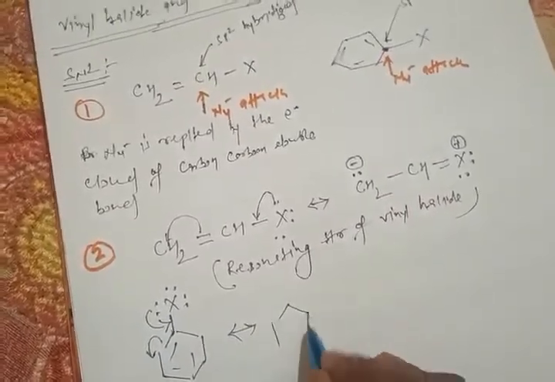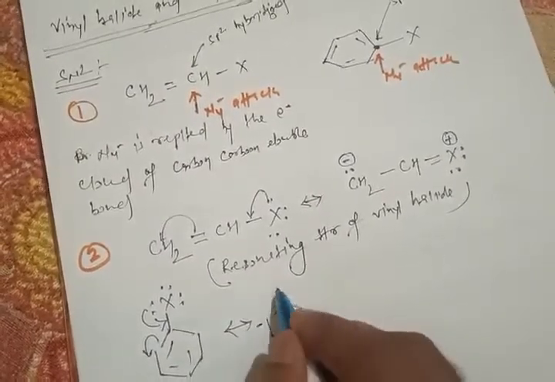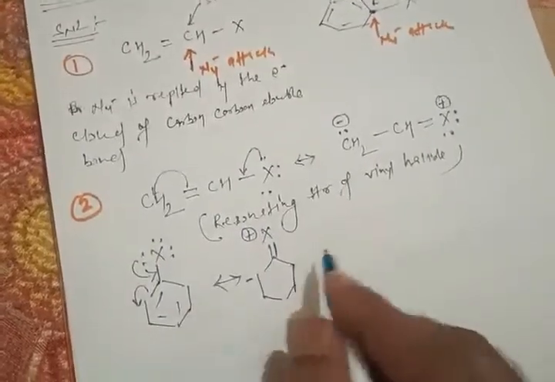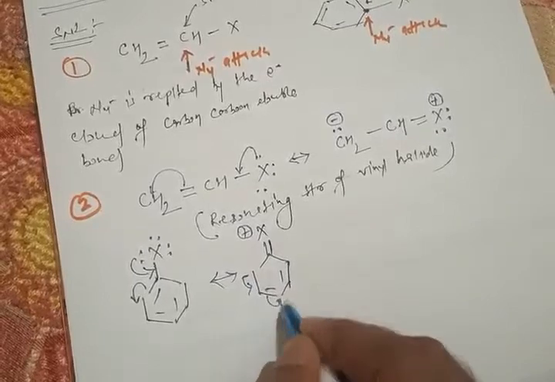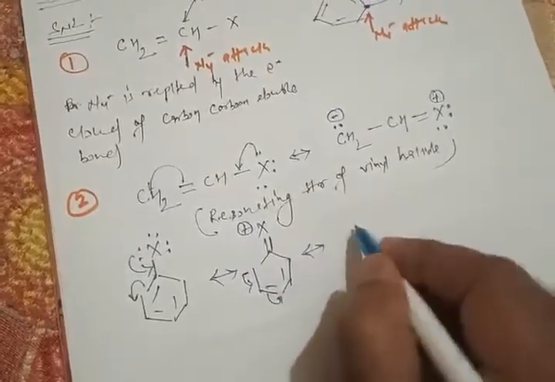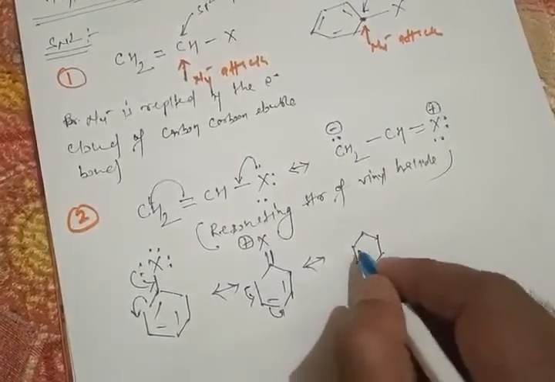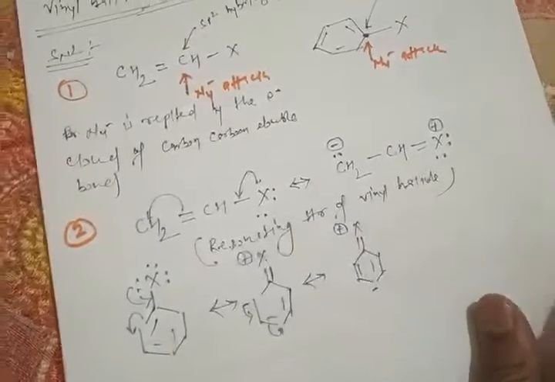So here a negative charge is generated, this will be a double bond, and here a positive charge. Then this negative charge will go to this side, and in this next stage, here a negative charge is generated, and here double bond X with a positive charge.